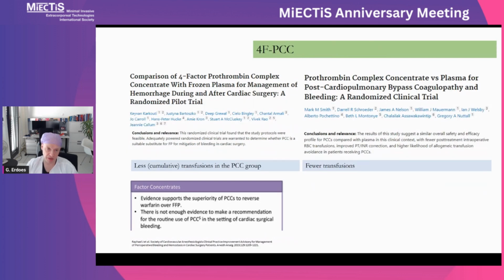What about PCC concentrates? Studies could show that with PCC, patients are getting fewer cumulative transfusions in comparison to a treatment with FFP, and the literature and evidence supports also the superiority of PCC in comparison to FFP.